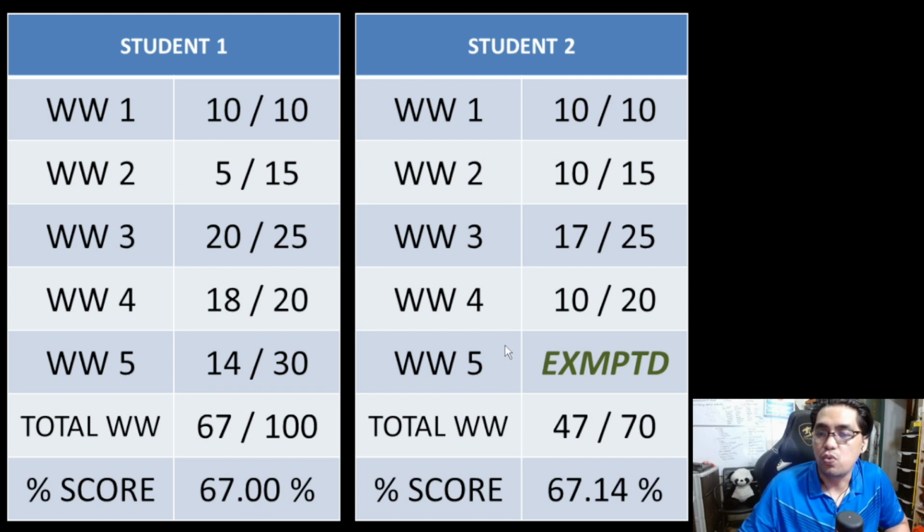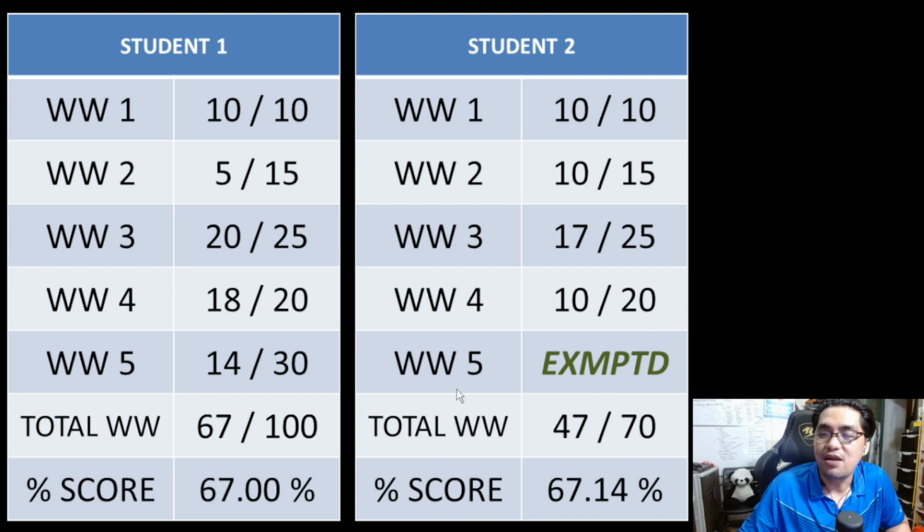But for student 2, because written work number 5 is exempted, we do not add this to the total written work. Because the only written works that he took have a total of 70 points, that is that student's total written work. Only 70 points. So you add all of this, it becomes 70, and what the student got is 47.